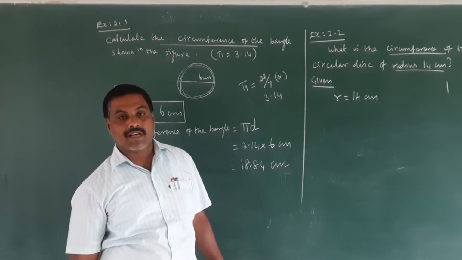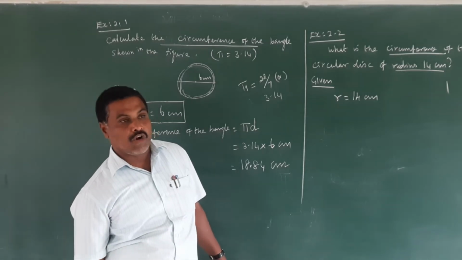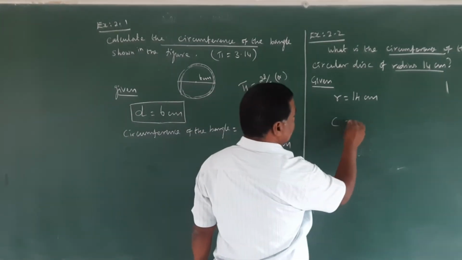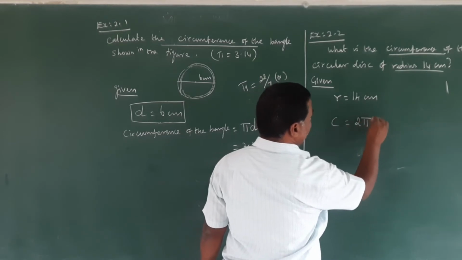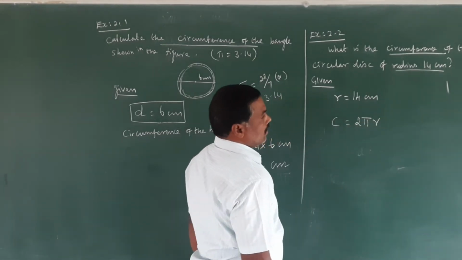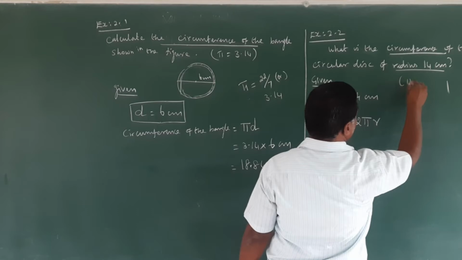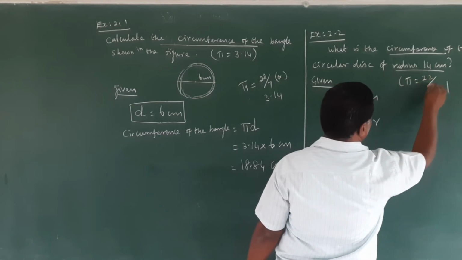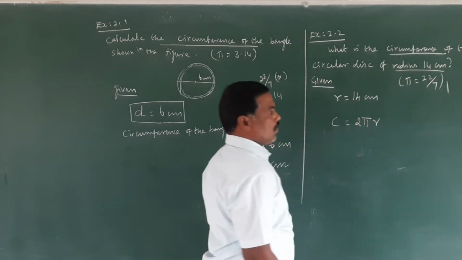The circumference of the circle, C equals 2 pi r. Now in the given question, the pi value is 22 by 7, so use 22 by 7.